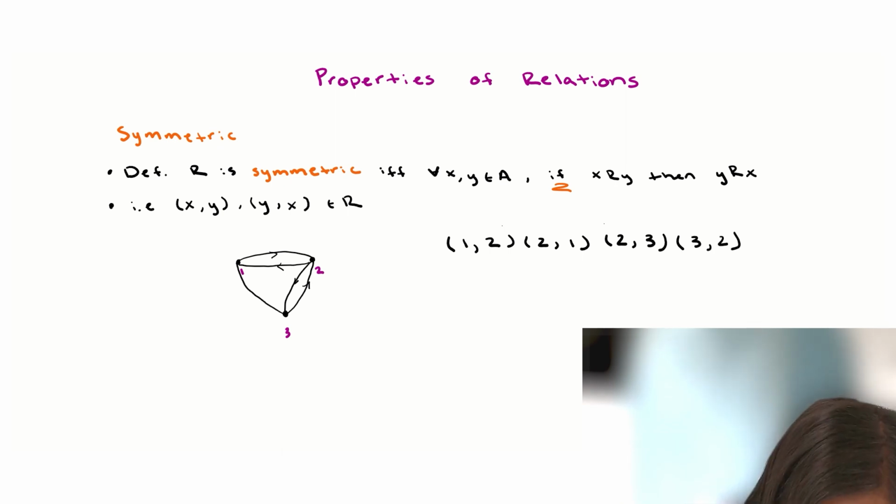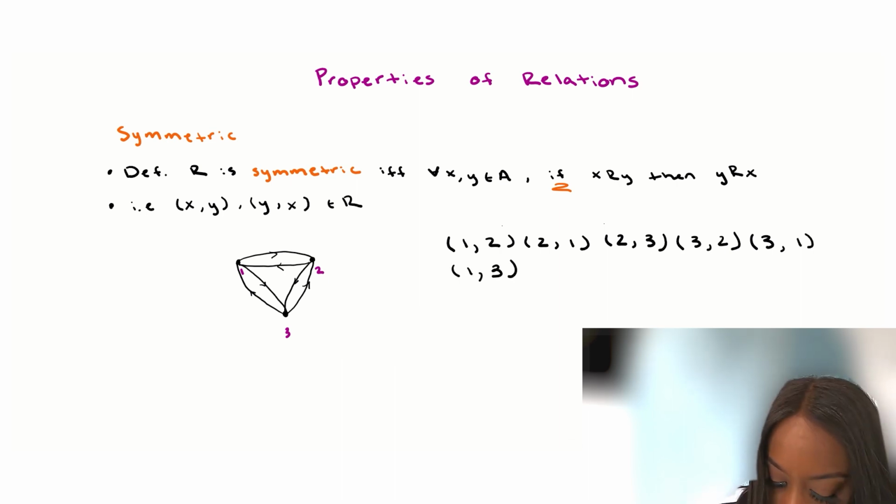And I'll go ahead and follow this same pattern to finish illustrating the relationship between elements 1 and 3. And this gives us our last couple of ordered pairs, 1, 3, and 3, 1.